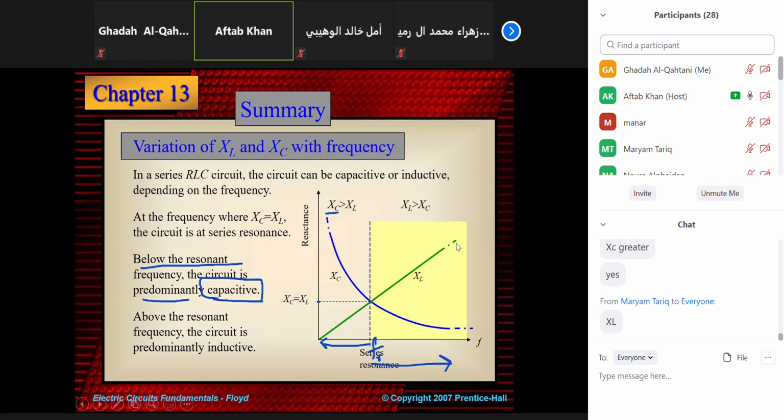You can see the green area is here. If we increase the frequency beyond that, the circuit will behave more inductive, because capacitive reactance is less, so the capacitive effect is less compared to the inductive effect, so the circuit will behave like a more inductive circuit, and this frequency is called the resonant frequency when both are equal actually.